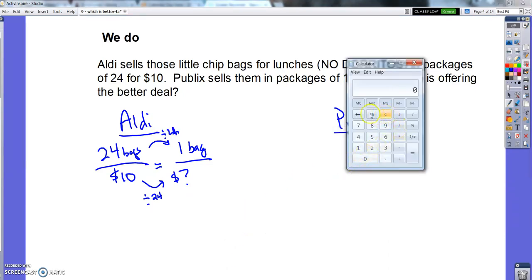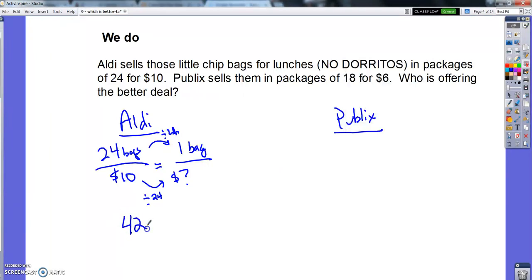And 10 divided by 24 is about 42, a little more than 41 cents a bag, less than 42 cents a bag. So I'll go ahead and round up and just say 42 cents for each bag. Not a bad price. That's from Aldi.